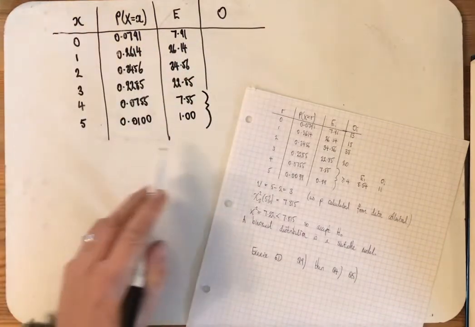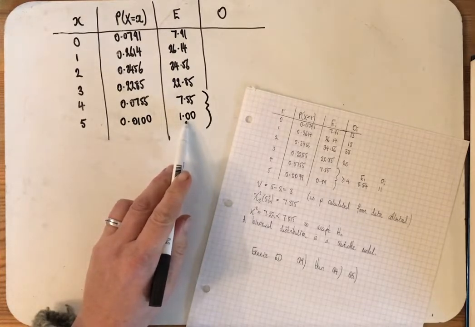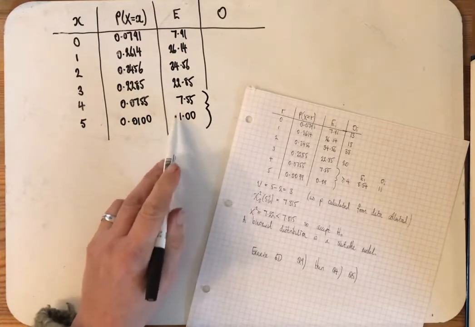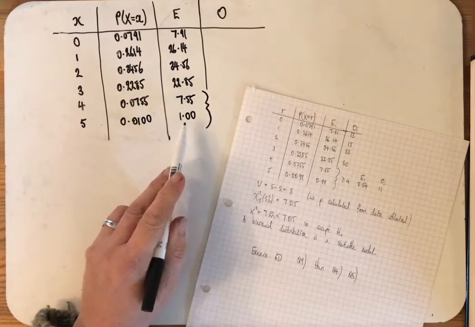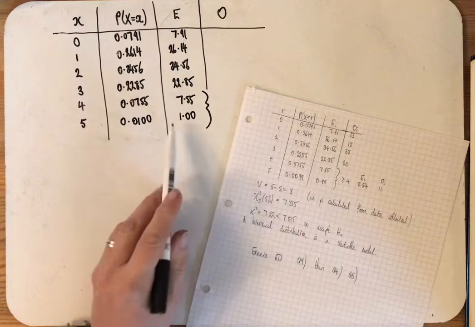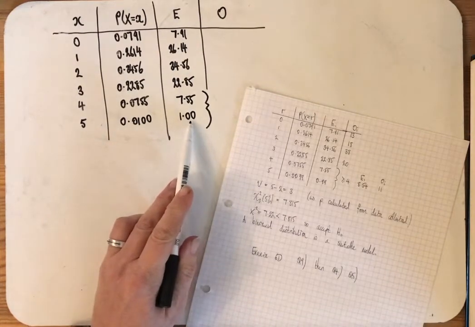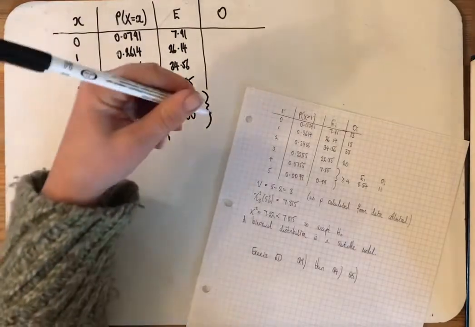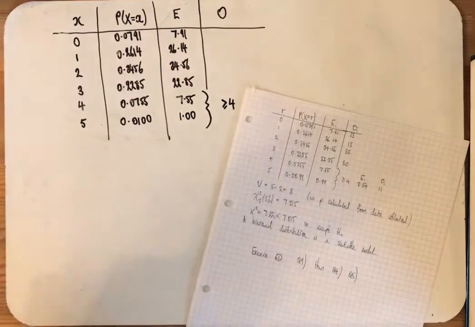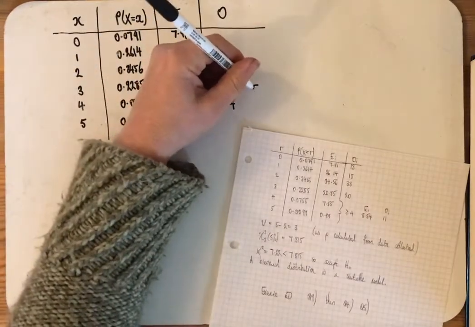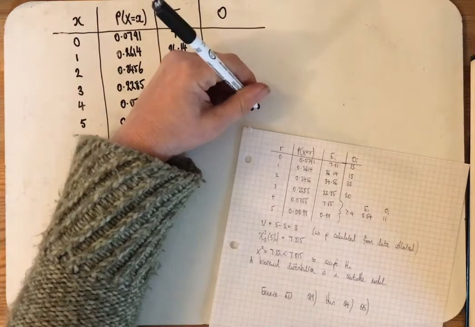When it was Poisson, you would have had to have done the probability x is greater than or equal to 5 here, if you remember, to get this expected value, because Poisson is an infinite distribution. Because the binomial finishes at 5, then this here is just the probability x equals 5. So just be careful of that with Poisson. And now we're on greater than or equal to 4. Expected value is these two added, so 8.55.